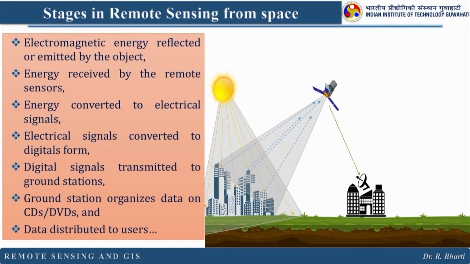Then there is an ADC, analog to digital converter, which converts this incident energy into some values, and those values are recorded and an image is generated. Finally those stored values and the captured image are transmitted to our ground station, and from the ground station they are distributed to users through different media. Nowadays a link is sufficient to distribute your data.